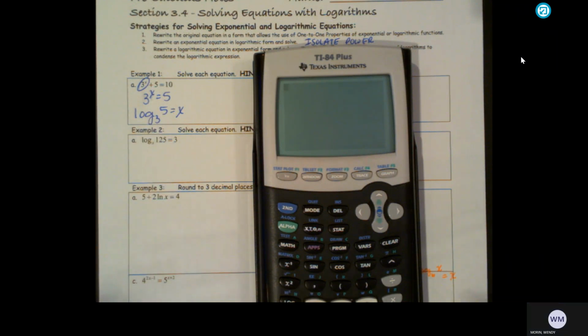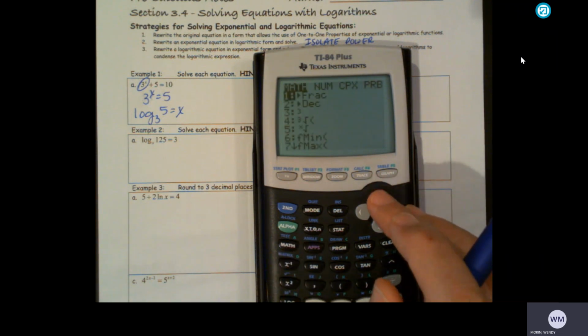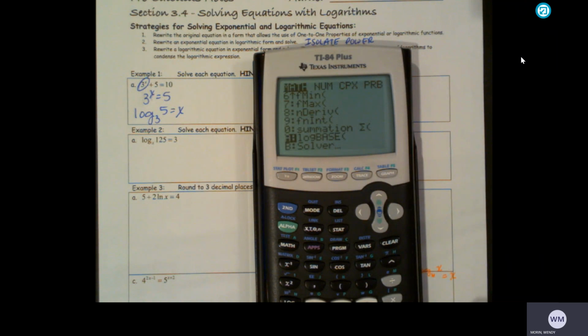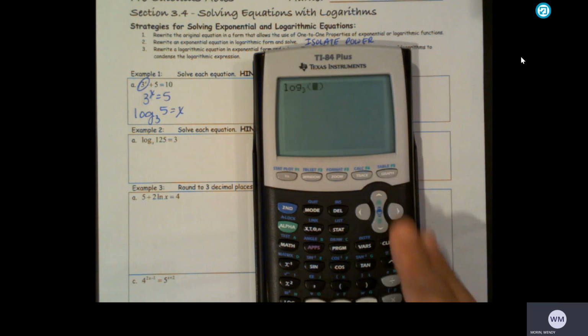Or, most calculators nowadays, and then on the TI-84s, if you go to math and you arrow up, it says log base. And it allows you to change the base and not have to use the change of base formula.